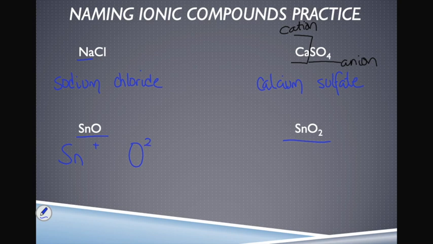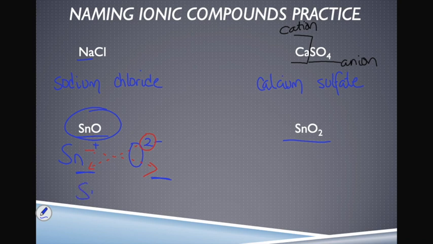O, however, is not multivalent and can only have a 2 negative charge. Recognizing, remember that cross and drop. Boom. And then whatever number this is would cross over here. And it looks like, based on the formula we've been given, that these 2 subscripts that we would have written here and here canceled each other out or simplified to give us a 1-to-1 ratio. Well, what could we put?